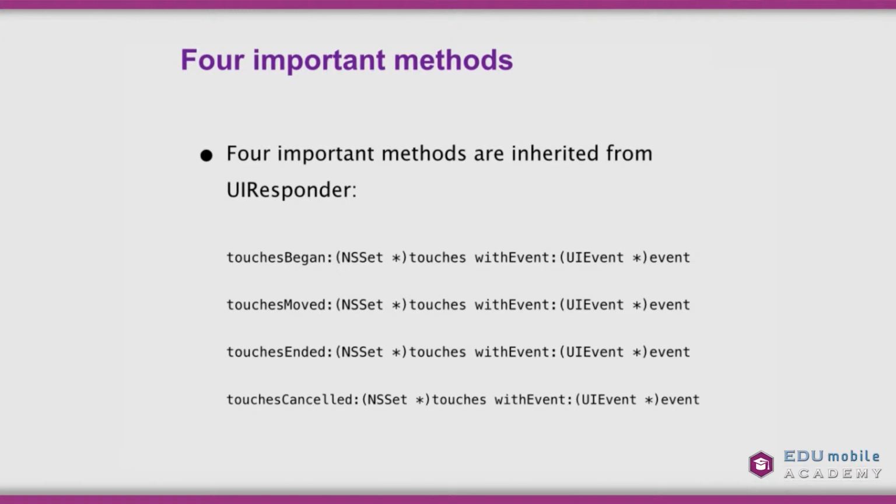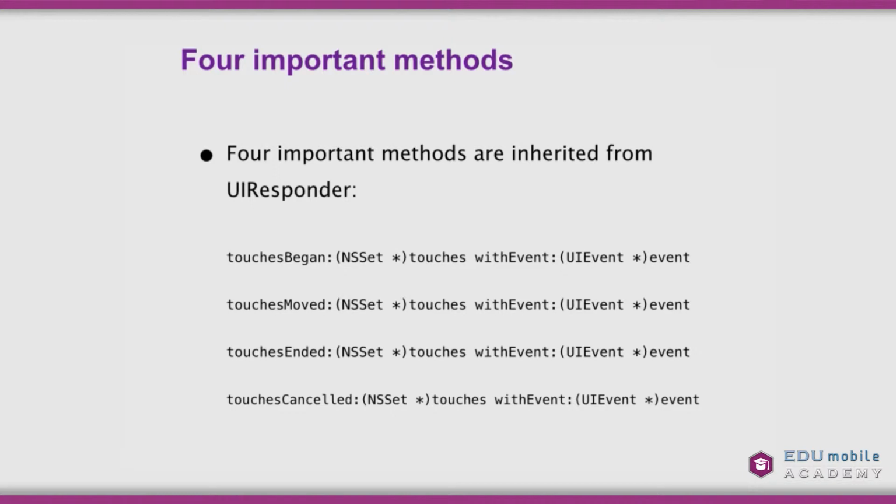If we override this method in our responder, then we can trap these touches and do something with them. The touches object that we get here is an NSSet of all the touches. What does that mean? If we have one finger, that NSSet will contain only one UITouch object. But if we have multiple fingers down, it will contain one touch object for each finger on the screen. The event we'll talk about in the next slide.